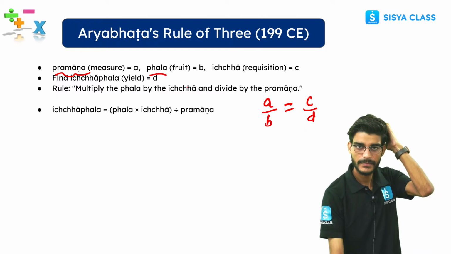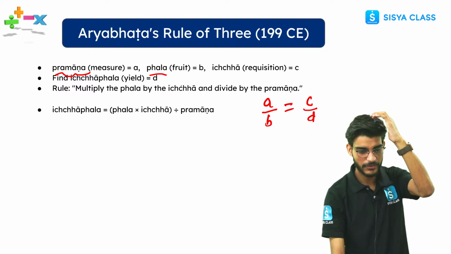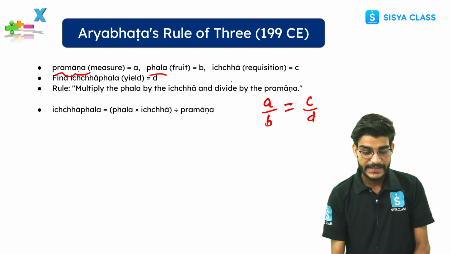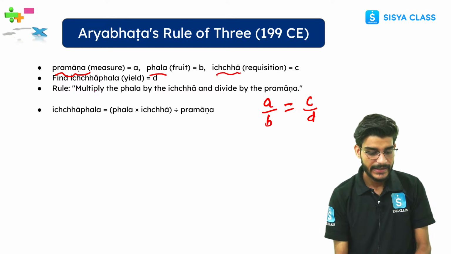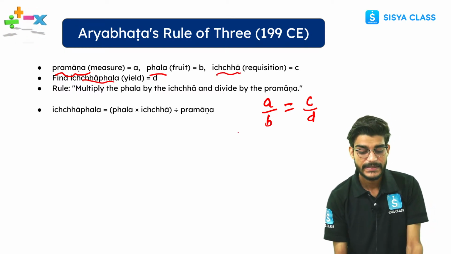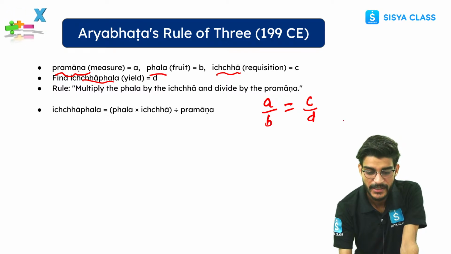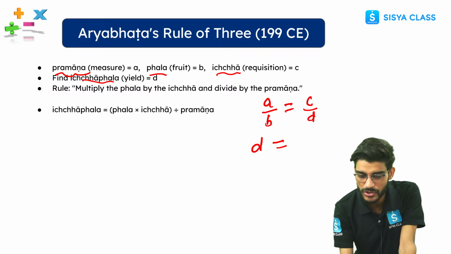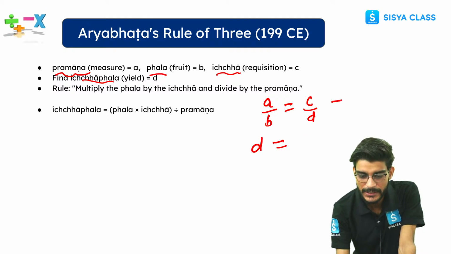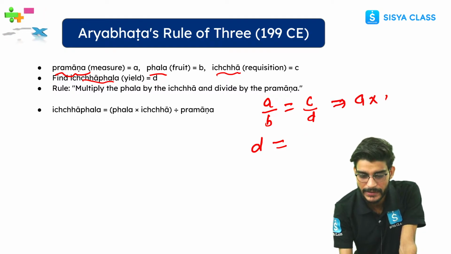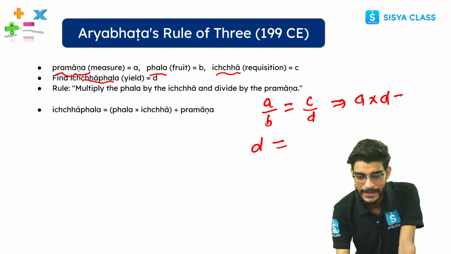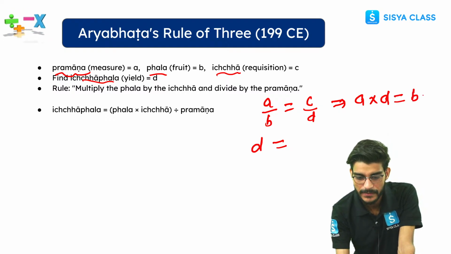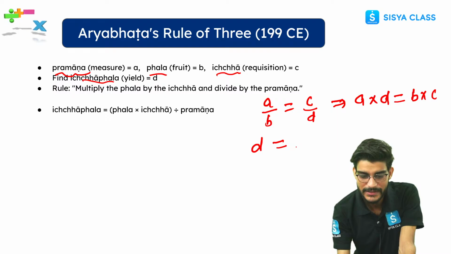C is Iksha and D is Ikshaphala. So he says that if you want to find the value of Ikshaphala, D, what will you do? Just cross multiply. If you cross multiply here, A into D equals B into C. So basically what is the value of D?